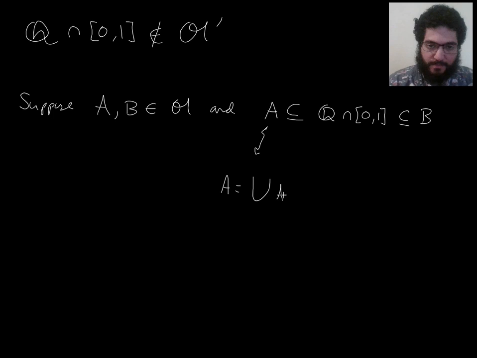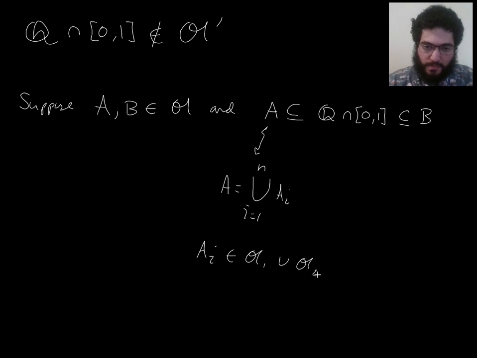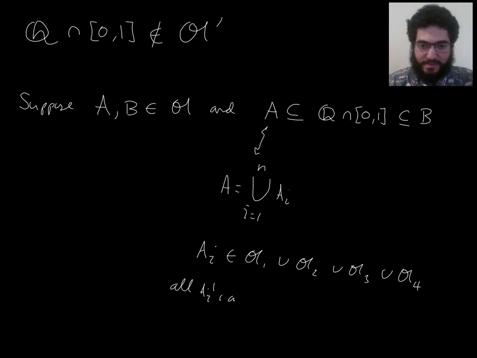So if you write A as a union of the A_i, where the A_i are all among these four types of intervals that I'm allowing, then all of the A_i have to be one-point sets. All A_i are singleton sets, or empty, right?